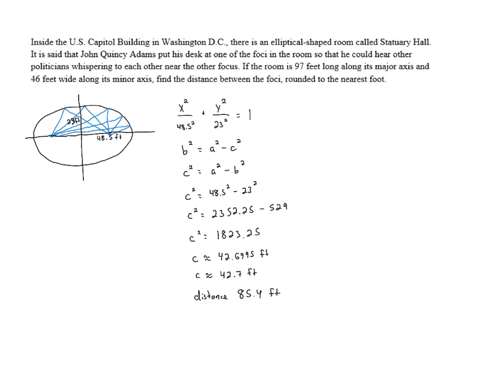So the distance between the foci, which is the distance between John Quincy Adams' desk and the other focus in the room where the other politicians might be speaking, was 85.4 feet. And due to the elliptical shape of this room and the reflection properties, he was theoretically able to hear some of the things that they were whispering from over 80 feet away.